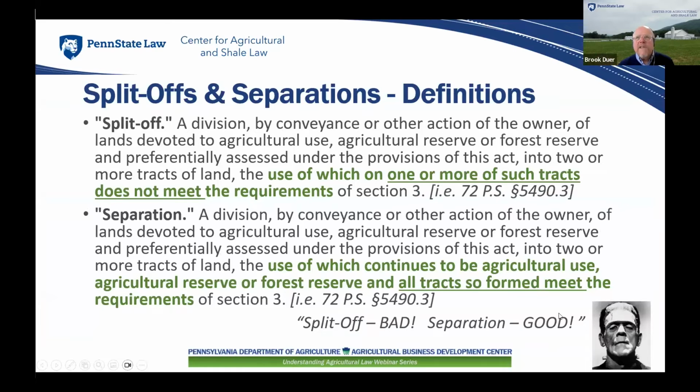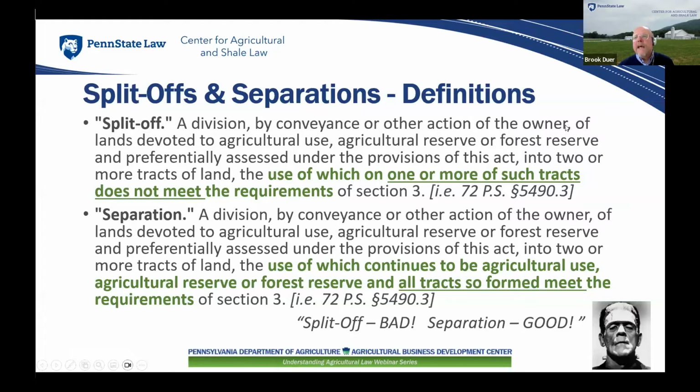What's a split-off? The reason why these terms even exist is because there are little ins and outs of what kind of rollback you get if you get one, and other things, with regard to how you go forward. Now, a split-off is a division by conveyance or other action of the owner.